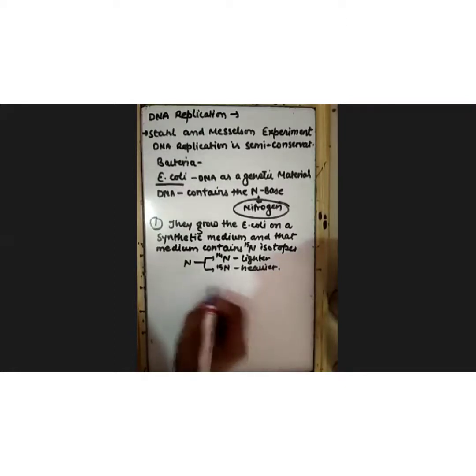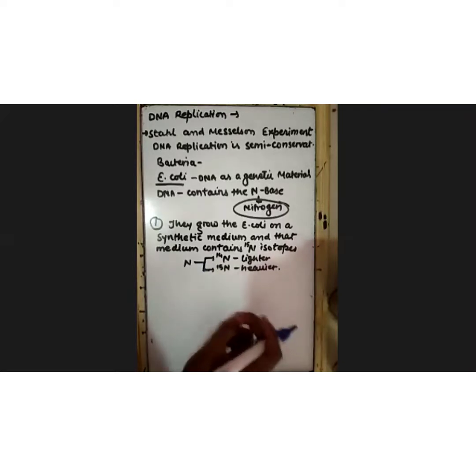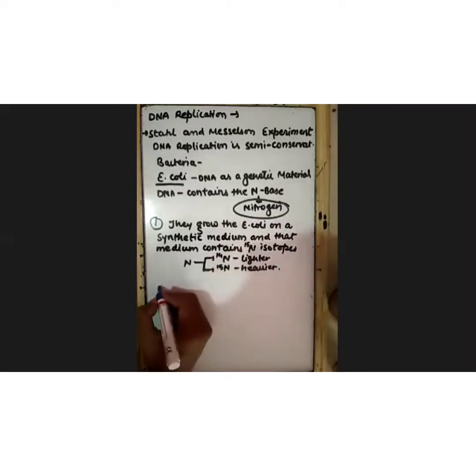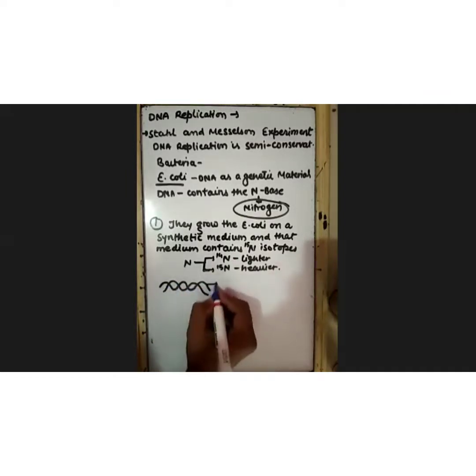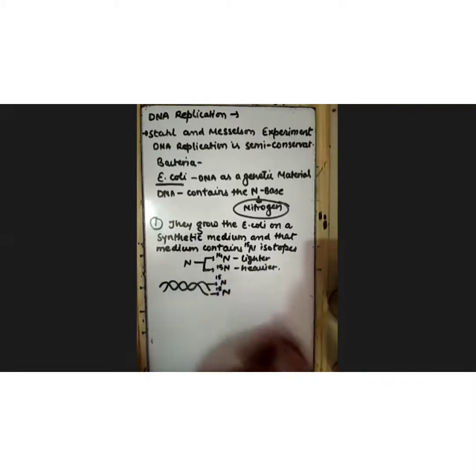So after growing the E. coli in the first medium that contains N15, they got the result that DNA having both strands contains the N15 isotope.